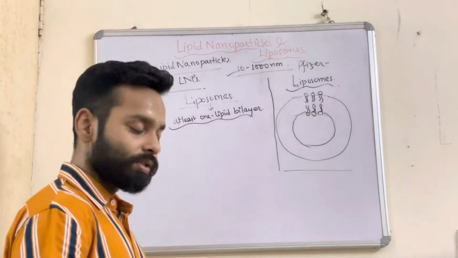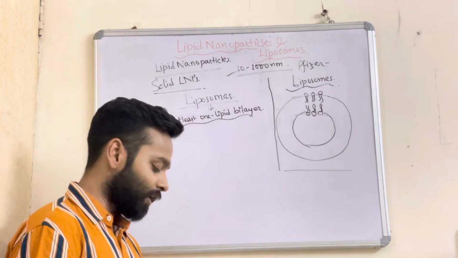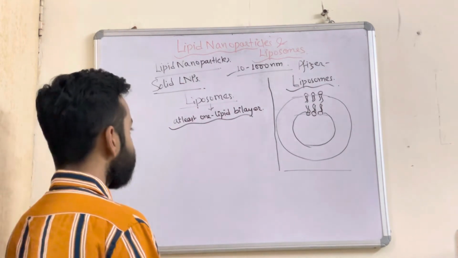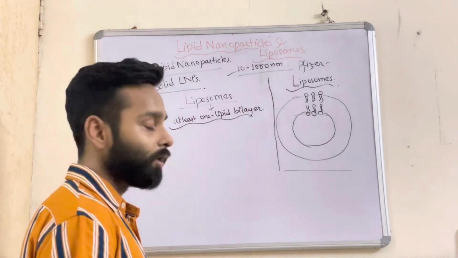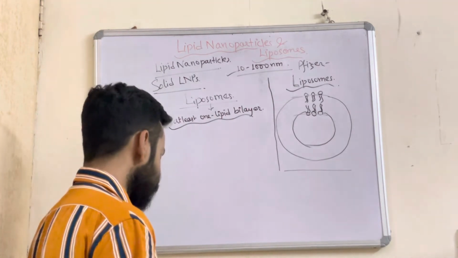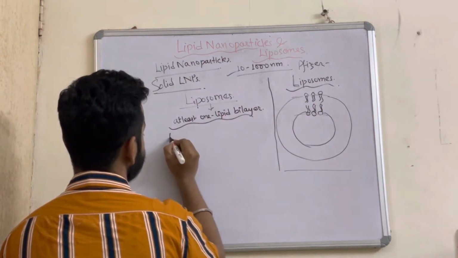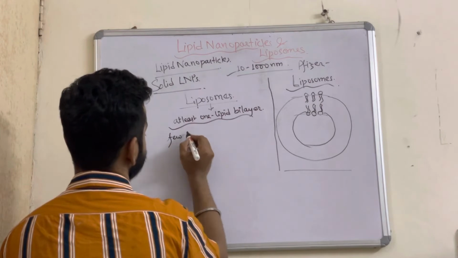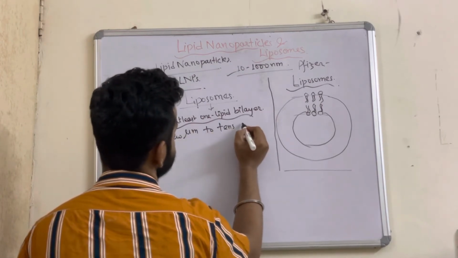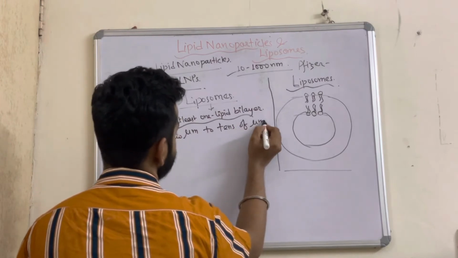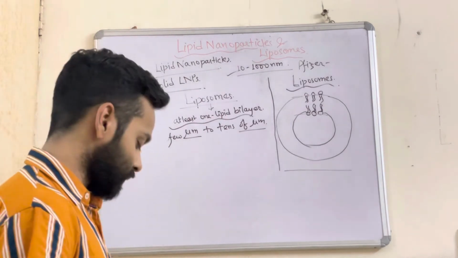These can also be used as drug delivery vehicles for the administration of nutrients and different pharmaceutical drugs. But differing from the solid lipid nanoparticles or lipid nanoparticles, liposomes will be in the range of a few micrometers to even tens of micrometers. So these are much larger than lipid nanoparticles.